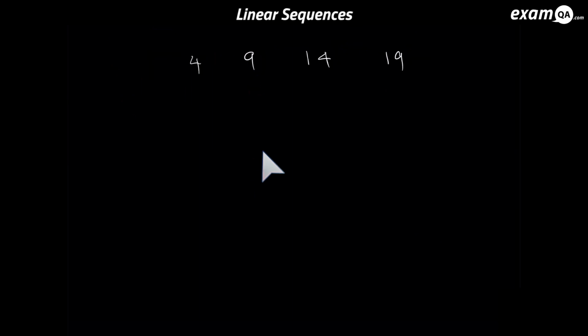So here we've got another linear sequence. So let's go ahead and work out the nth term. The first thing we'll do is work out the differences. And we notice the differences are all 5. So we know it's definitely a linear sequence. And we also know the formula is going to be 5n since the differences are 5.